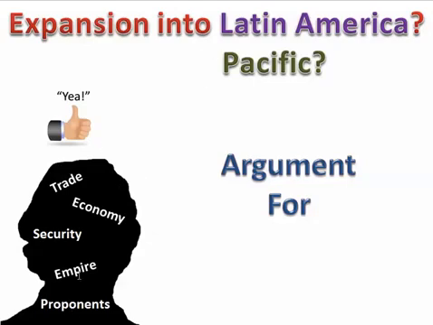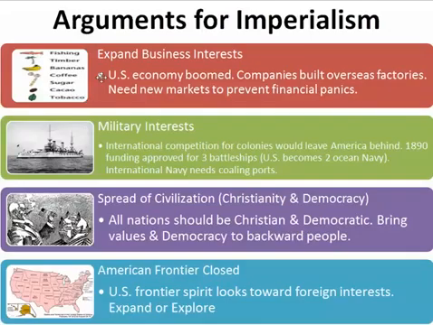The proponents say, yeah, let's expand. Okay, the arguments for expansion. They said we should do this because we can expand our business interests. The U.S. economy boomed and was doing great.